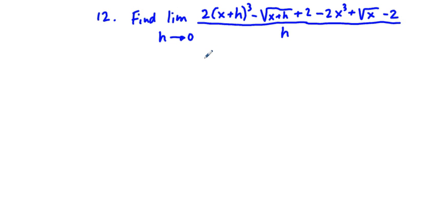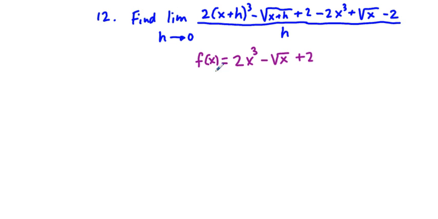So the function, if we're going to call this function f of x, is equal to 2x cubed. And to verify, we have a minus f of x here, so that's right. And we're going to have minus square root of x. And the minus of that is over here, so that would be plus, and plus 2.